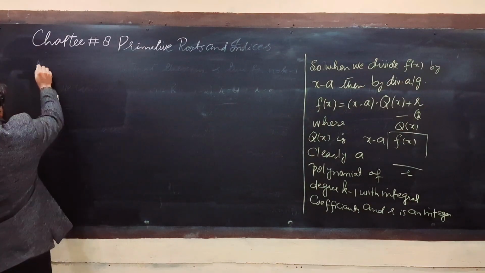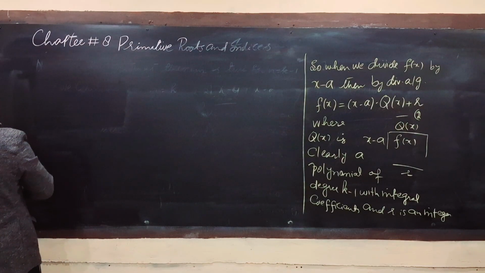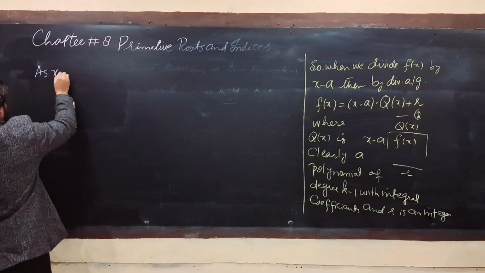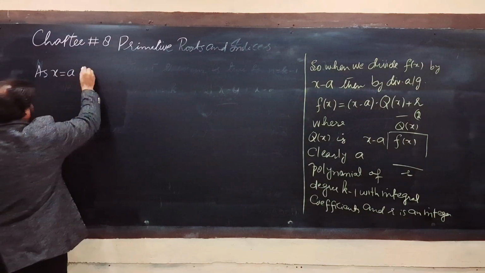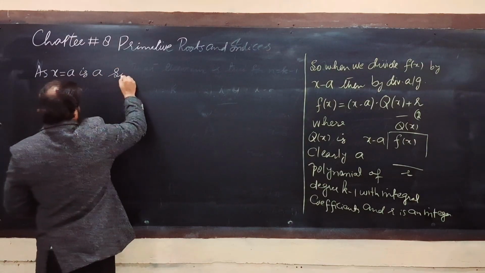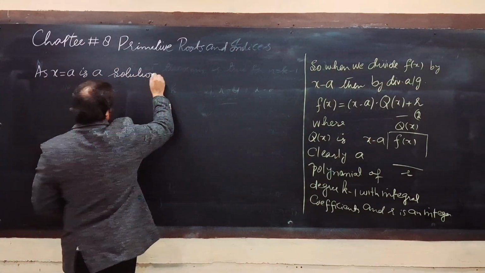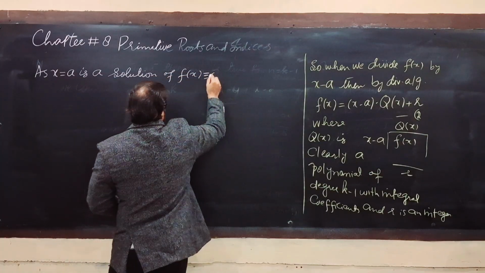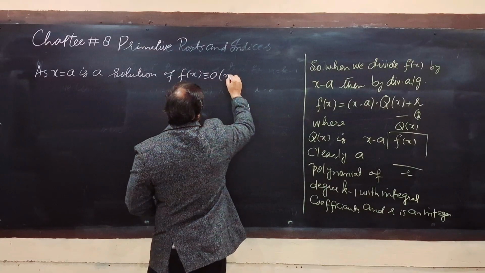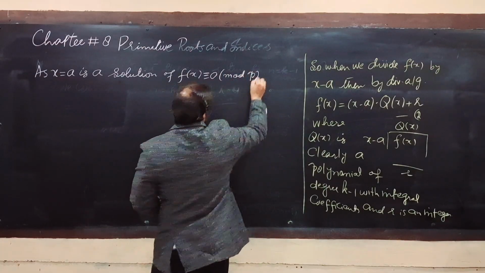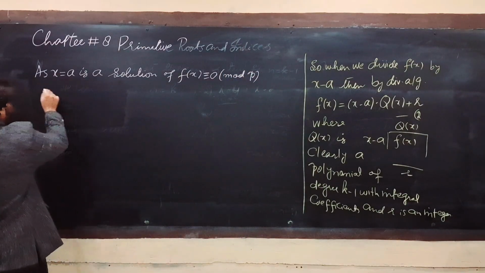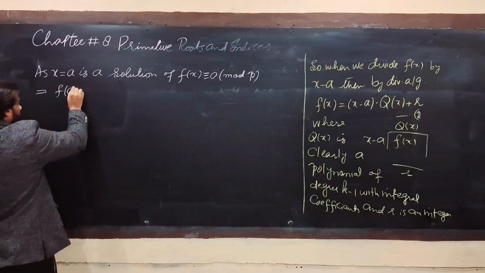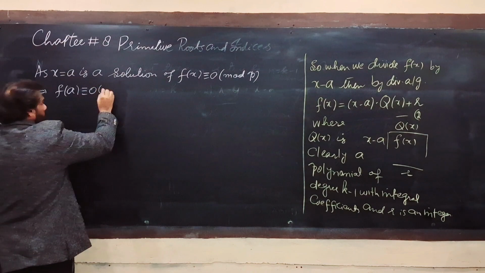You will write as x equal to a is a solution of f of x congruent to 0 modulo p. This implies it will satisfy this congruence. We have f of a congruent to 0 modulo p.